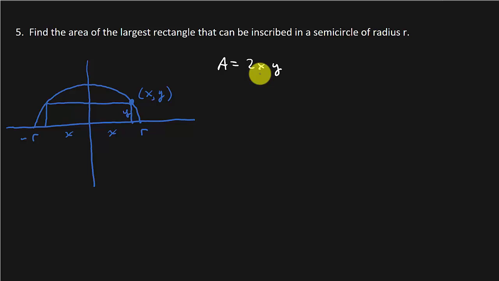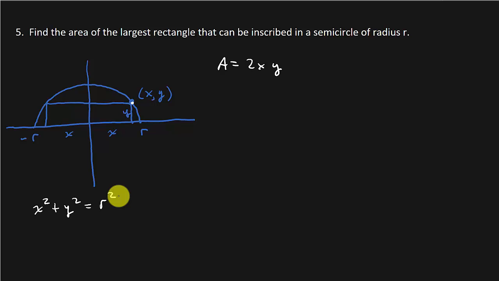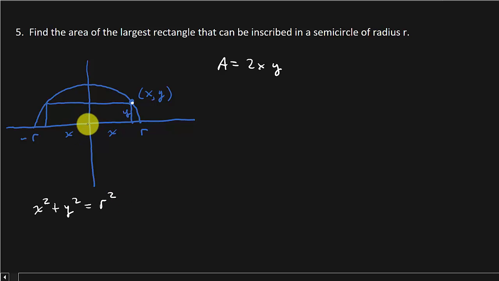Well, to get rid of the y, we can use the fact that this point here, x, y, lies on the circle x squared plus y squared equals r squared. Remember that from algebra? When you're finding the equation of a circle. See, we place the center of the circle here at 0, 0. And so if we solve this, we get y squared is equal to r squared minus x squared. So y is equal to the square root of r squared minus x squared.